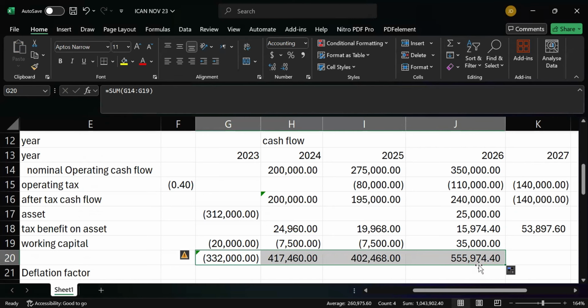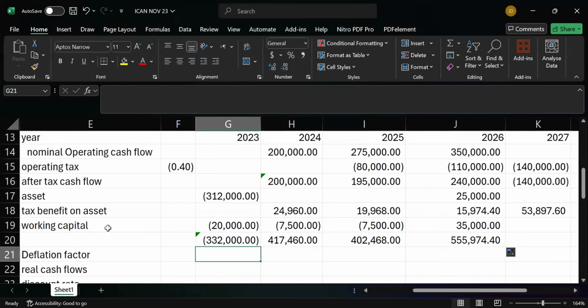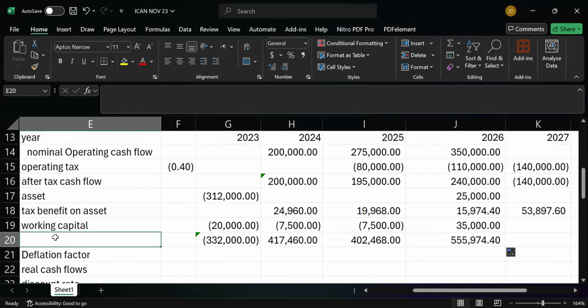This is what I have as the net cash flows for the period. But these cash flows are still what? They are still nominal. Nominal net cash flows.